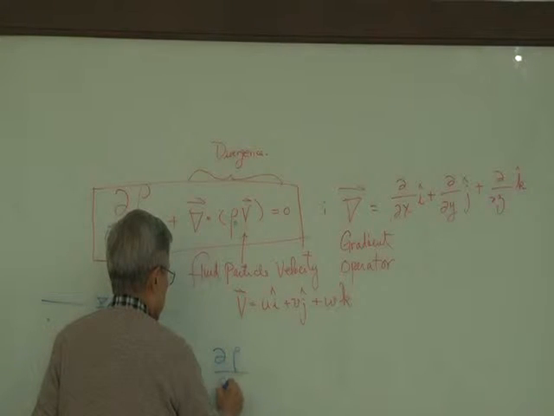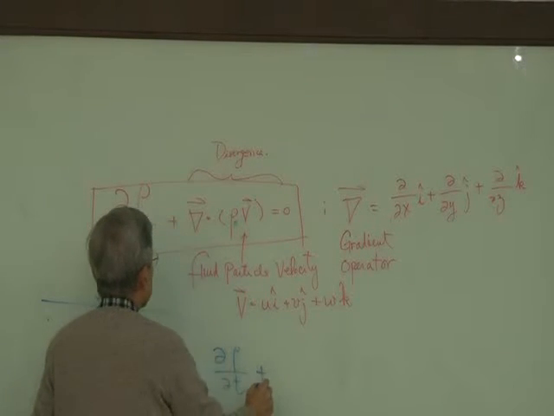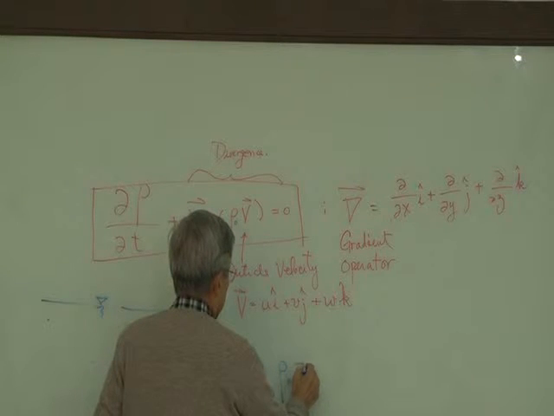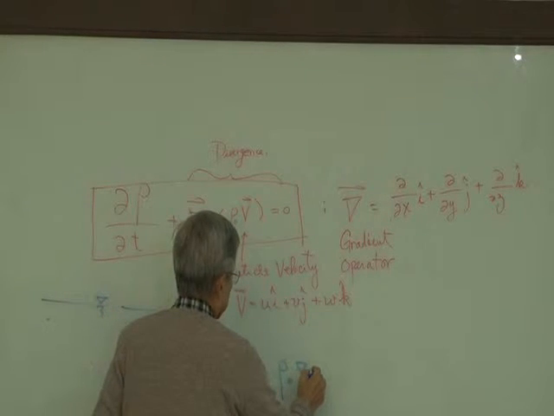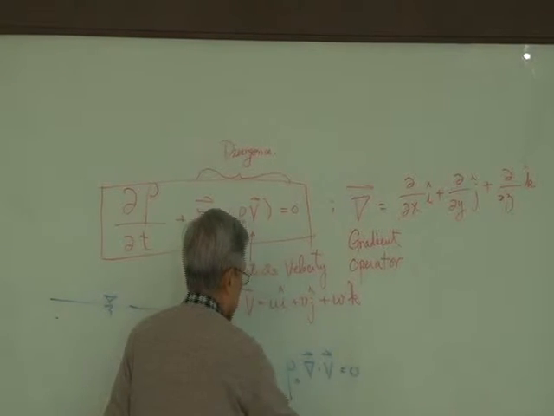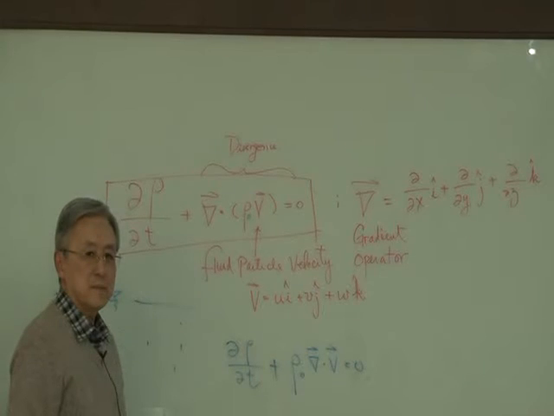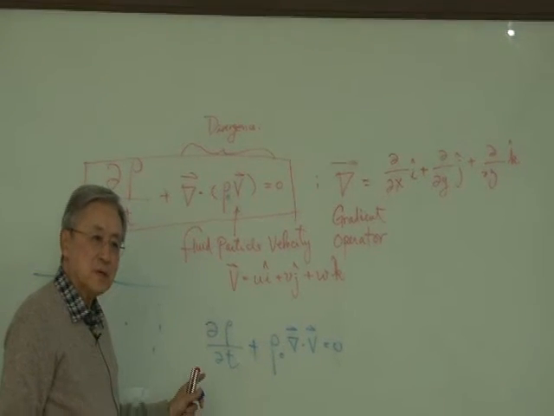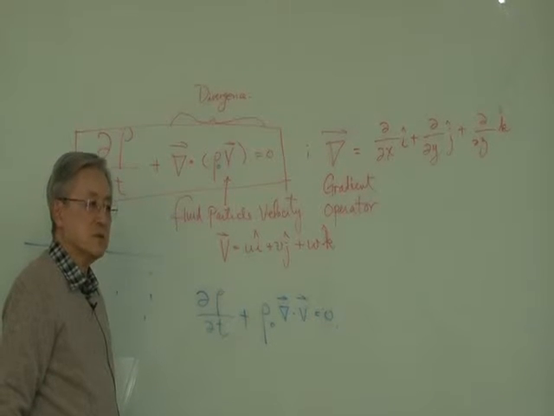So I could say del rho over del t plus rho naught del dot v is equal to 0. But del rho over del t is not equal to 0.